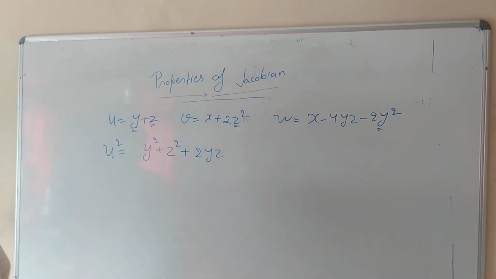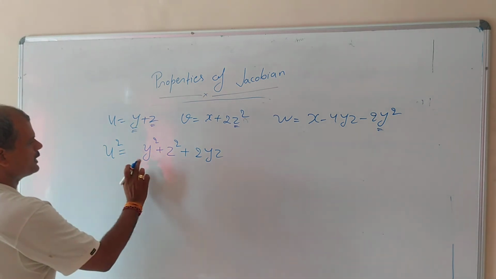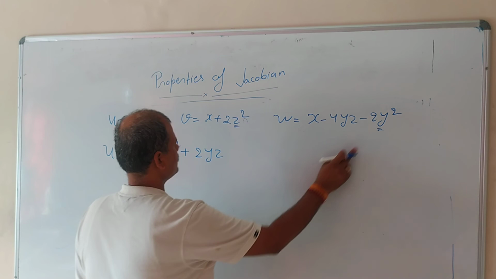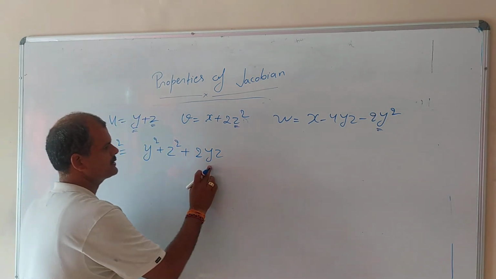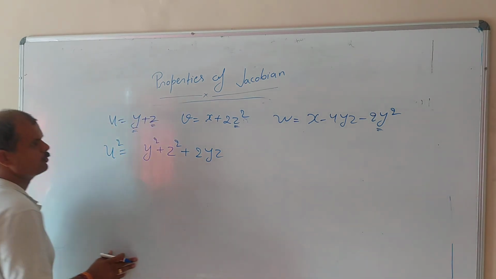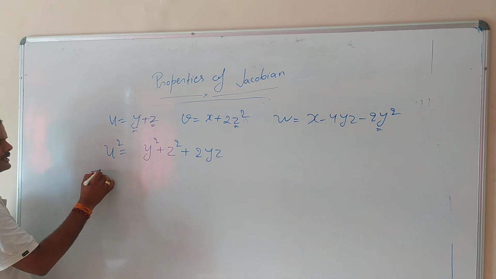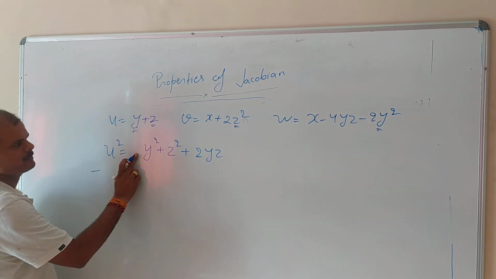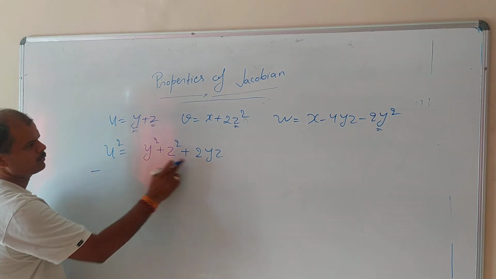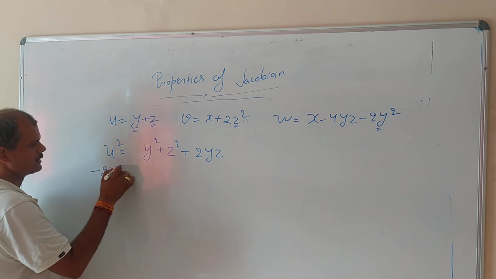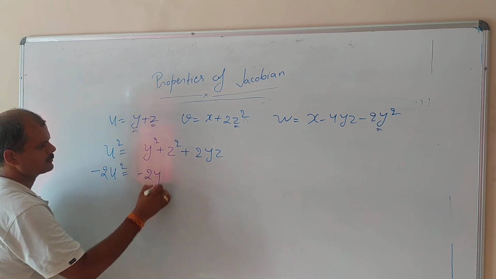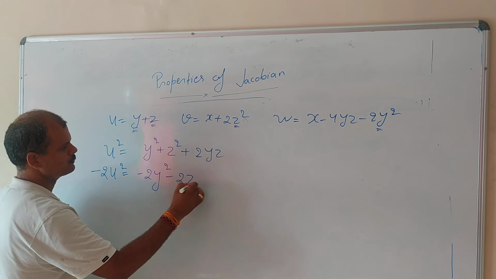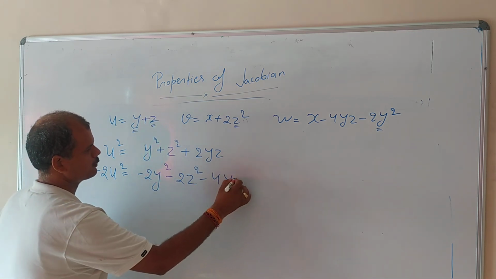Now here we have y square, here 2y square. Here we have 2yz, here minus 4yz, so we multiply by 2 with the negative sign. Because we need minus 2y square, minus 4yz. So minus 2u square will be minus 2y square, minus 2z square, minus 4yz.